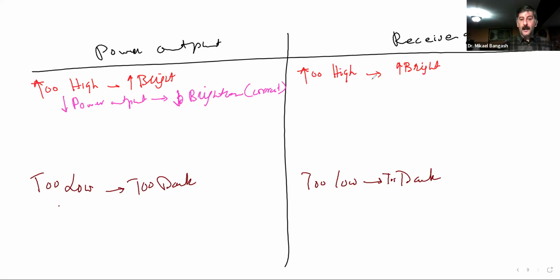But likewise, if our image was too bright, that could also be corrected by reducing your amplification, and by doing so, reduce the brightness to the correct brightness.